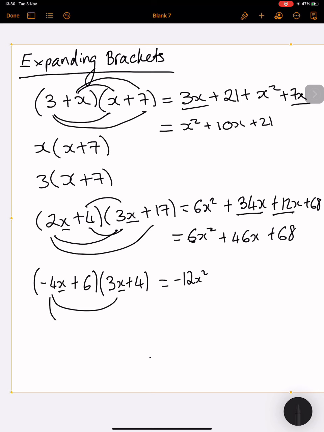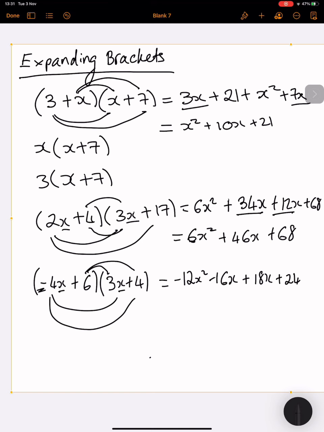Then you're going to do minus 4x times 4, which is minus 16x. Then 6 times 3x, which is 18x. Then 6 times 4 finally, which is 24.